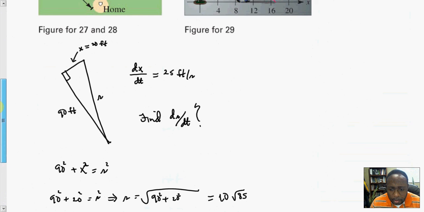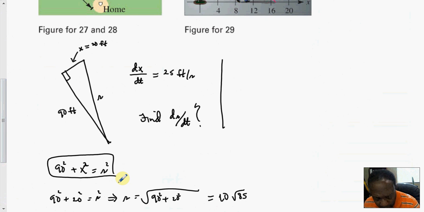So now, to find this derivative ds over dt, we take this equation and we apply the chain rule. When you take the derivative of that 90 squared, that's just 0.